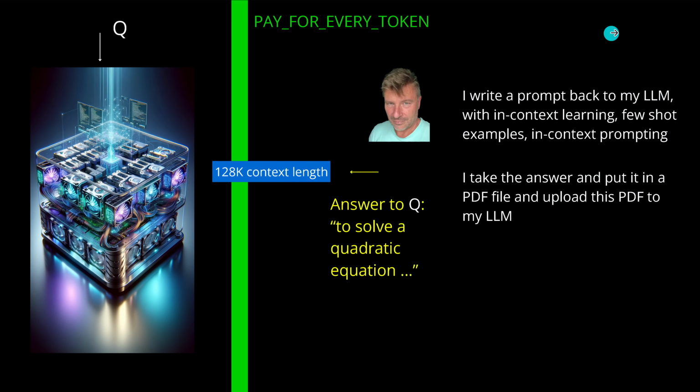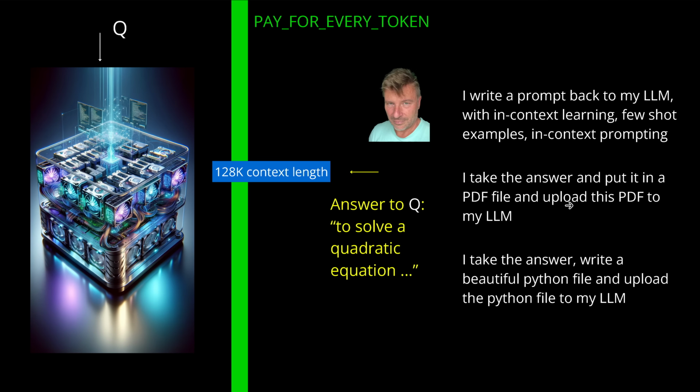Great. Or I take the answer and put it in a PDF file and upload this PDF to my LLM, because we have the retrieval function now in our new OpenAI systems on our own. We can create GPT system. You might say, great. Or since we have code interpreter also with the OpenAI system, I take the answer, write a beautiful Python file, and upload the Python file to my Betty.